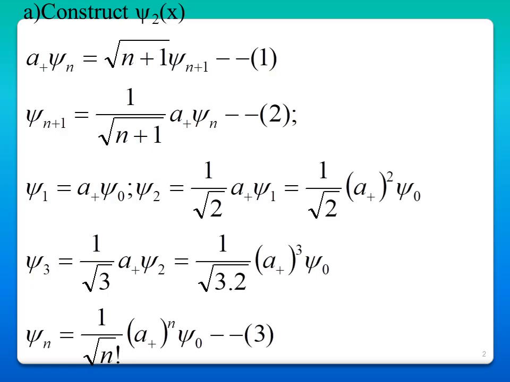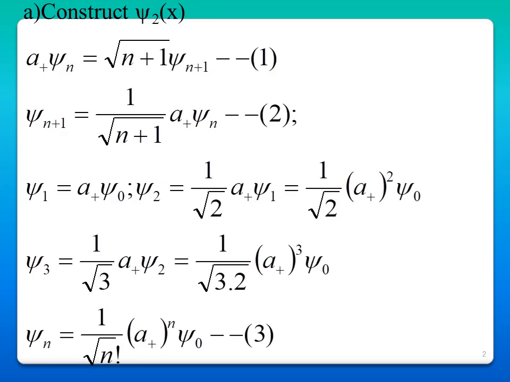If you put n equal to 0, then psi 1 is equal to A plus acting on psi naught. And if you put n equal to 1, then you get psi 2 is equal to 1 by square root of 2 A plus acting on psi 1. And you know psi 1 is A plus acting on psi naught. So it is 1 by square root of 2, A plus operating 2 times on psi naught.